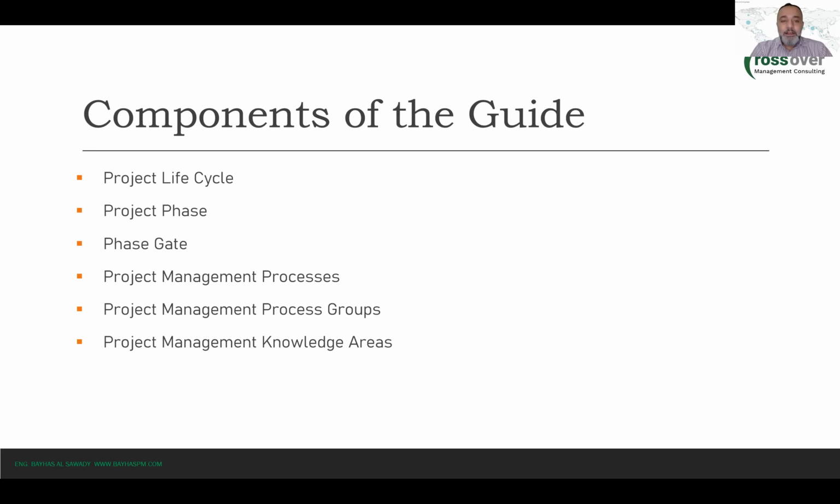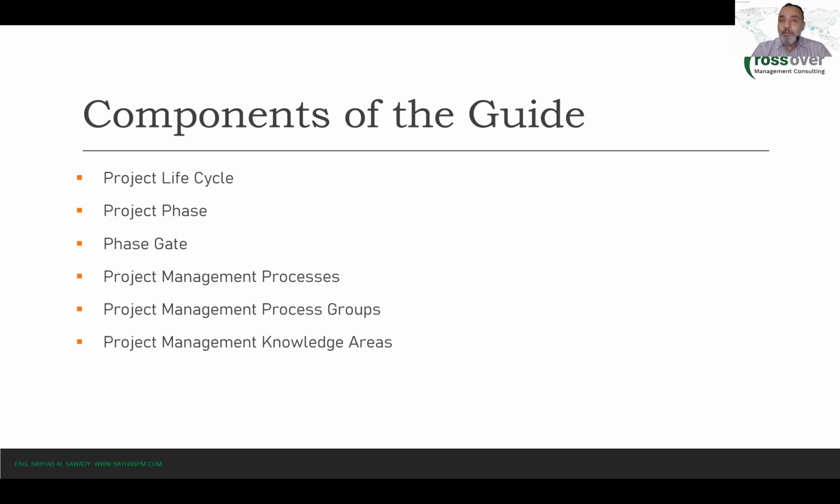And we emphasized that the PMBOK Guide version 7 is kind of an umbrella under which you have all the possible approaches of project management, including version 6, agile approaches, hybrid approaches, and any other approach.